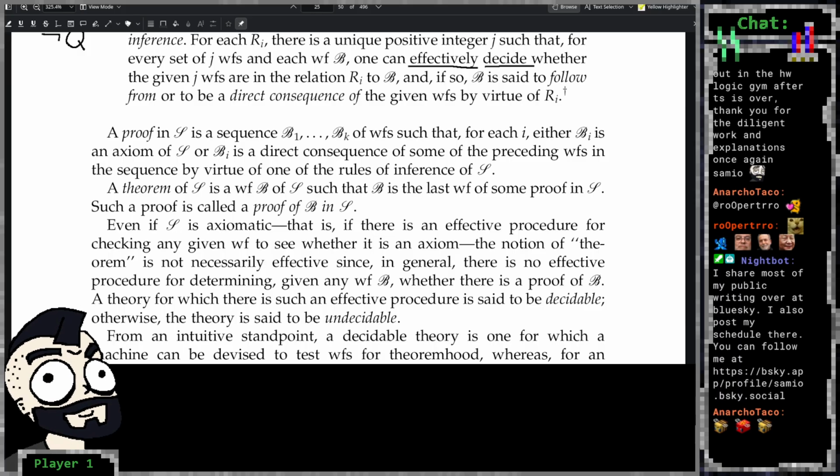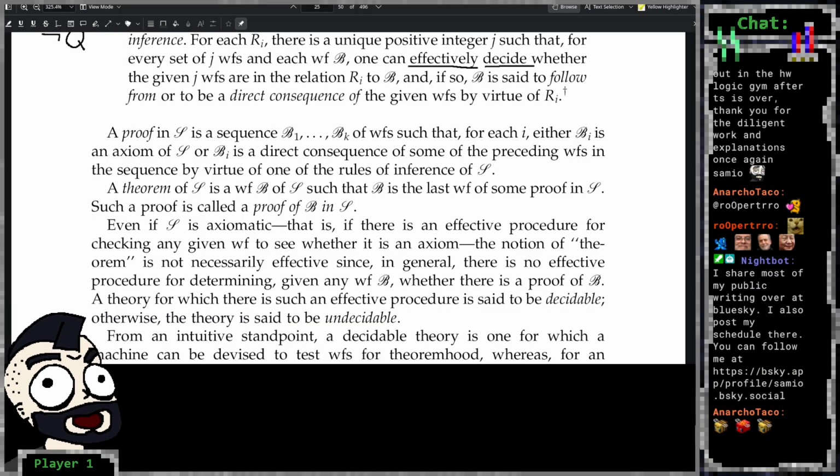So, in this understanding of logical consequence, something is a logical consequence of another if I can write a program, if I can write an algorithm to transform the premises into the conclusion by virtue of some well-defined rules. And that's it.